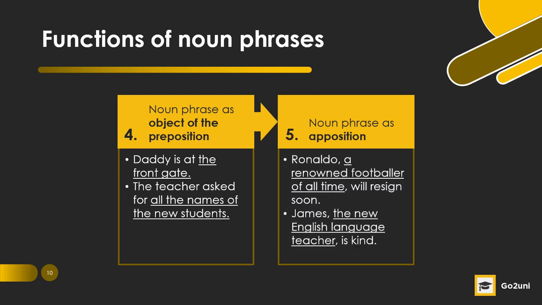Now let's take these examples. Ronaldo, a renowned footballer of all time, will resign soon. So the underlined part of that sentence structure is a renowned footballer of all time. Of course, it's a noun phrase and it is functioning as apposition in the sentence structure. And there is something about apposition that I want you to understand.